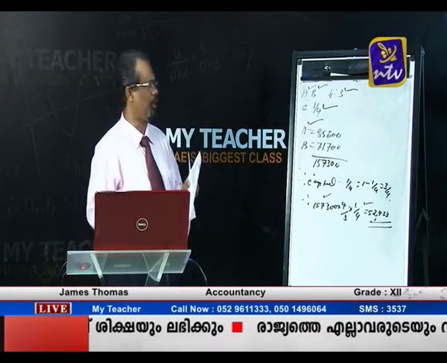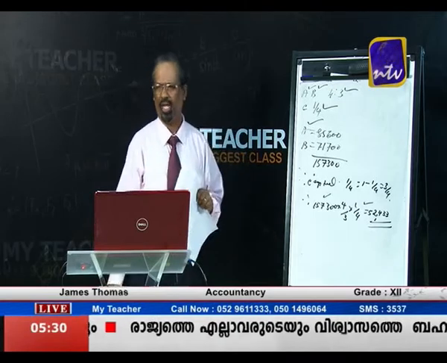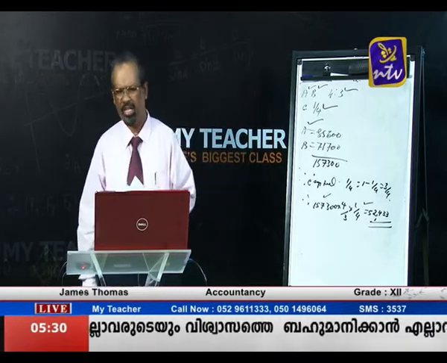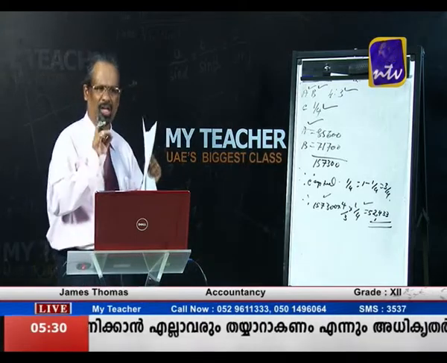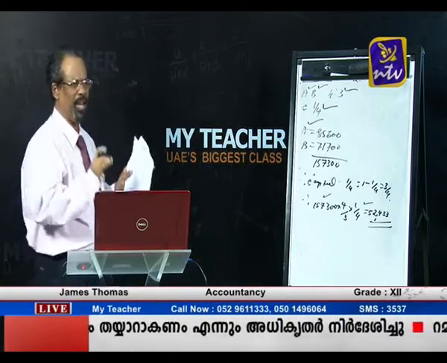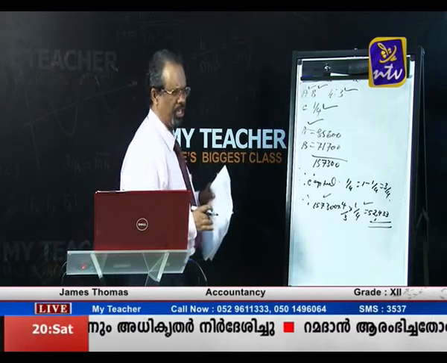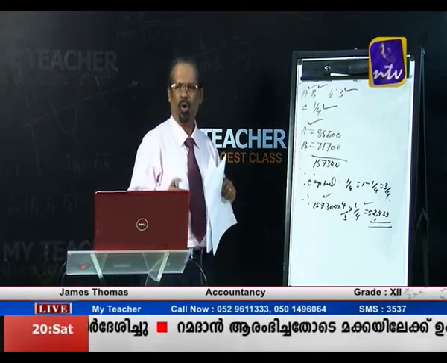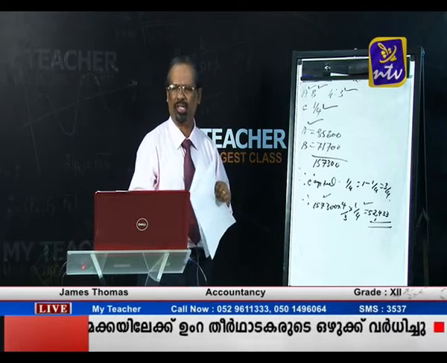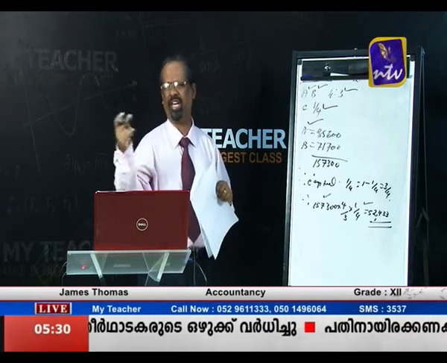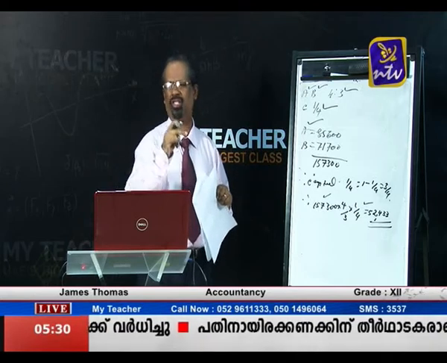And the third point is revaluation of assets and liabilities. That is also equally important, because you must be sure of the adjustments, otherwise you will make mistakes. Appreciation or depreciation, or assets undervalued, this also causes confusion to students. Assets undervalued means credit side, and overvalued means debit side.